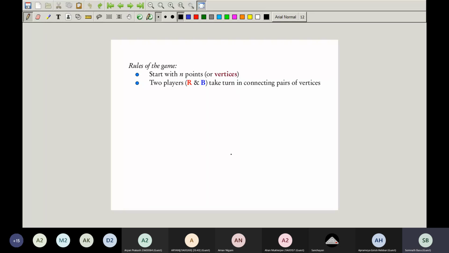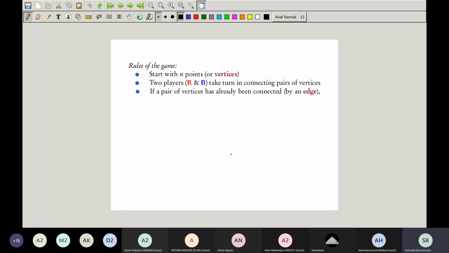While playing this game, players take turns connecting pairs of vertices. So if you have two vertices that are not connected by a segment, whichever player's turn it is, say blue, joins these two vertices by a segment drawn using blue ink, or a blue pen.